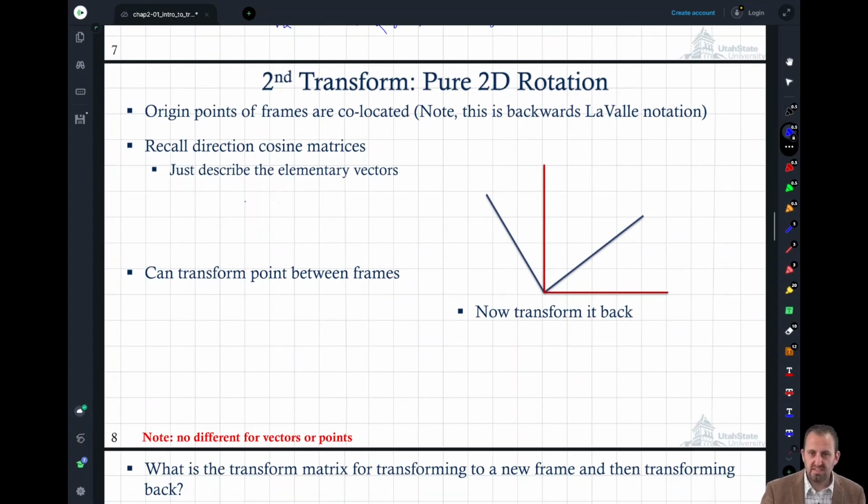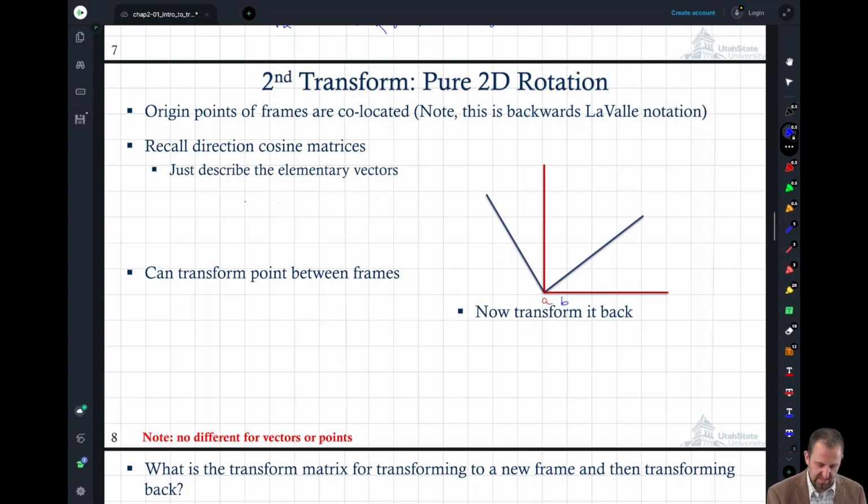We're going to define our second transform as just this pure two-dimensional rotation. In this case, since it's a pure rotation, the origins of our frames are co-located, i.e. they're in the same spot. So again, we're going to have frame A, and we're going to say that frame B is blue. Now we need to define what's called our elementary vector.